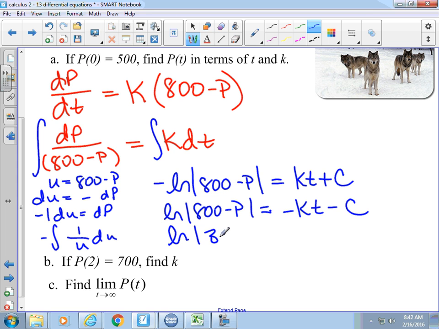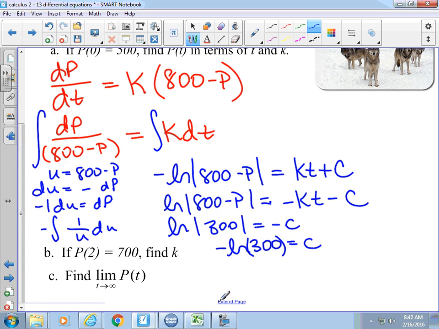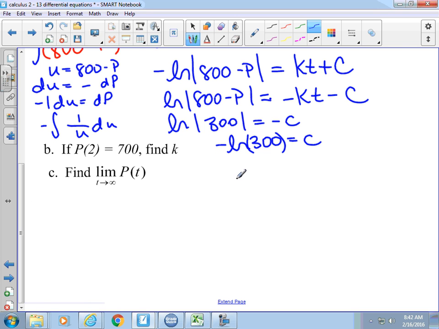Natural log of 300 is negative c, or negative natural log of 300 is c. If that wasn't a 0, then you'd have to subtract it over, whatever number it was. A lot of times they do give you a 0 because it makes your life easier.